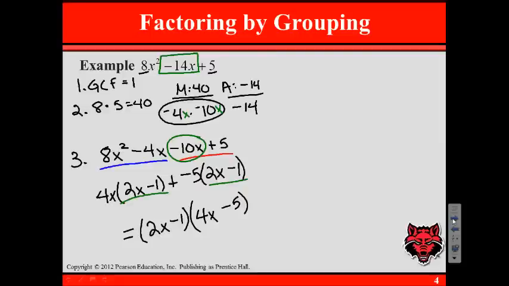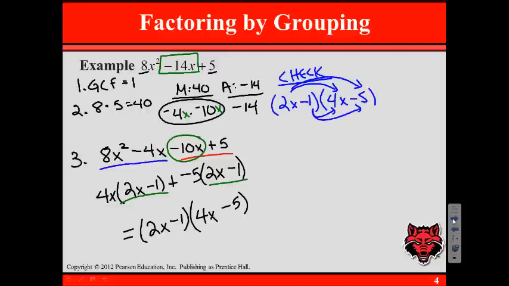Now, I won't do this for every problem, but let's go through and check and make sure this actually works. So we rewrite our proposed answer. We FOIL, so we draw our FOIL arrows. 2x times 4x is 8x squared. 2x times negative 5 is negative 10x.